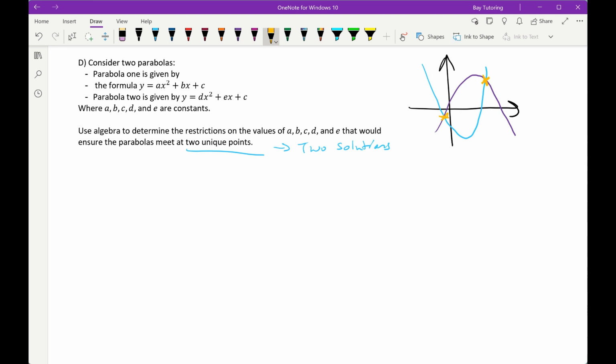So for those particular x values, their y values are also the same. They're in the same place at the same time. So what that means is their 2 equations are giving you the same answer. So the equation for the first one is equal to the equation for the second one.